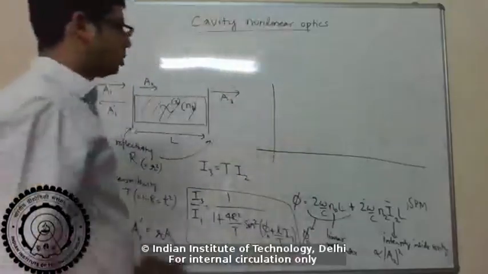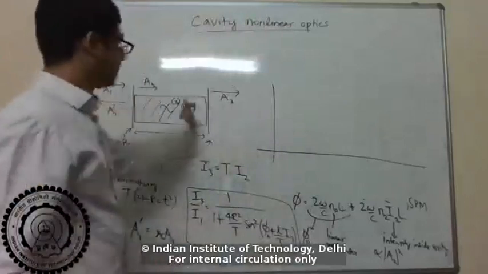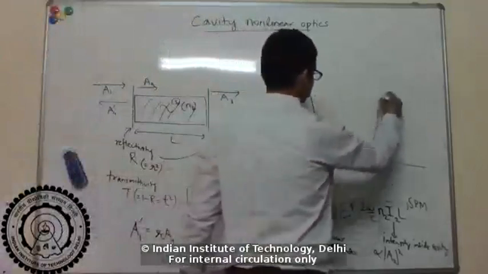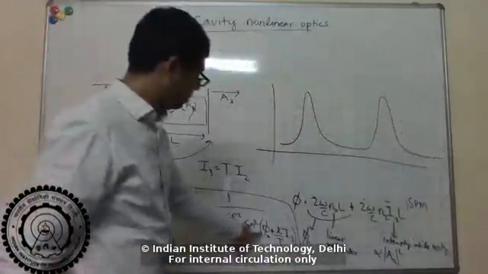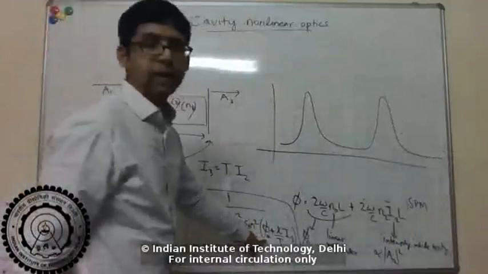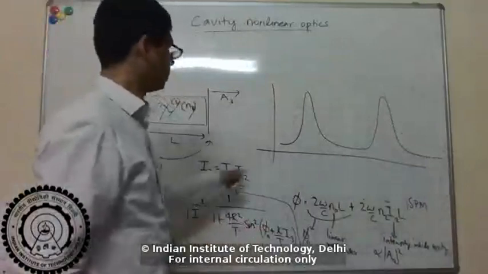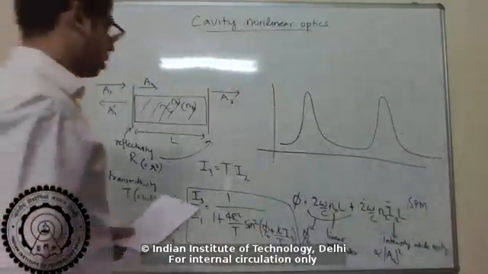So as you, for example, change the input frequency or change the cavity length, what you see is resonance, right? So basically, whenever this phi naught is a multiple of pi, this term goes to 0, and then you get a peak in the transmission, right?